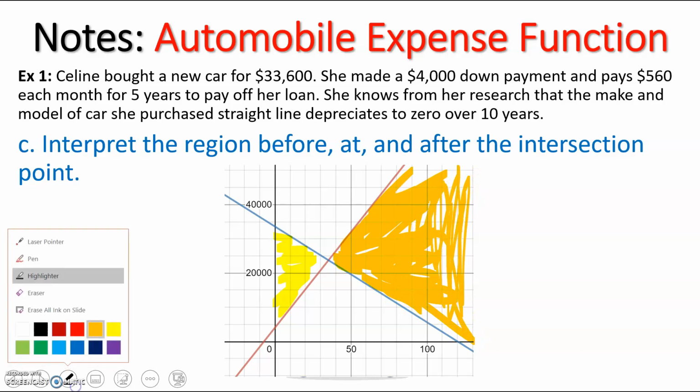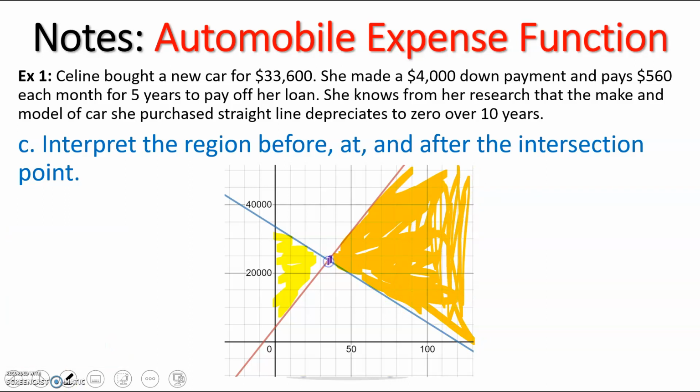And what does this intersection here mean? Okay, so let's start with the before. So this is before the expense and depreciation equation intersect.